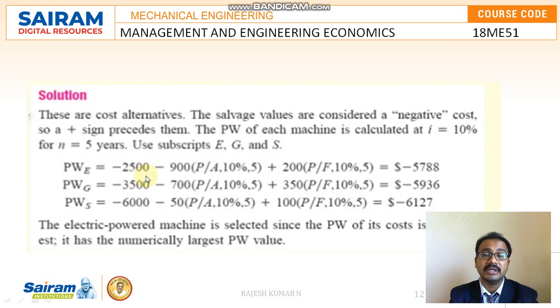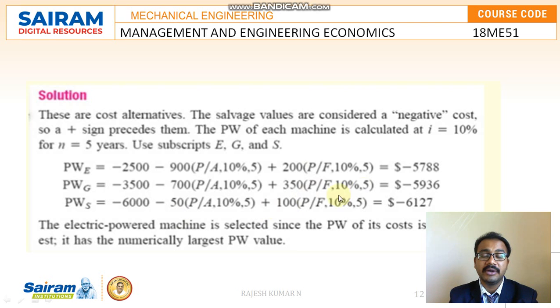First, let me start with the basic first cost investment. Since it is an investment, it is minus 2,500. Again, the maintenance for 5 years at 10% interest is 900. It is an expense from hand, so it is minus 900, and salvage is something after 5 years where I'll be getting a benefit by selling the product.